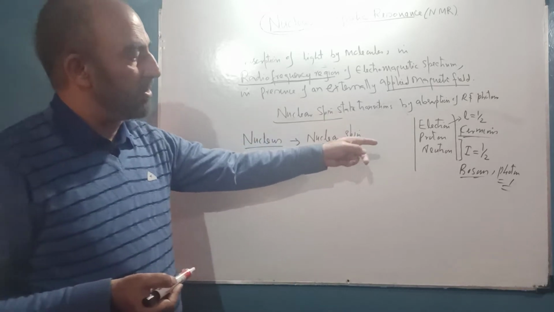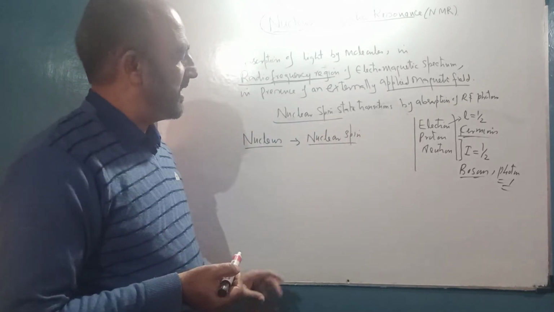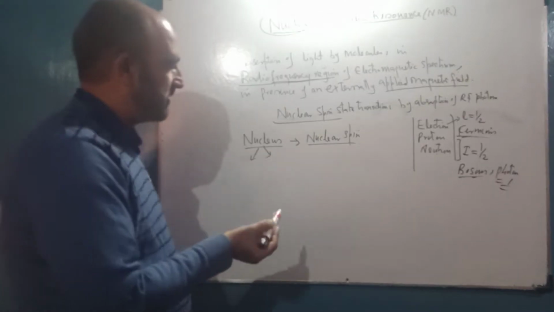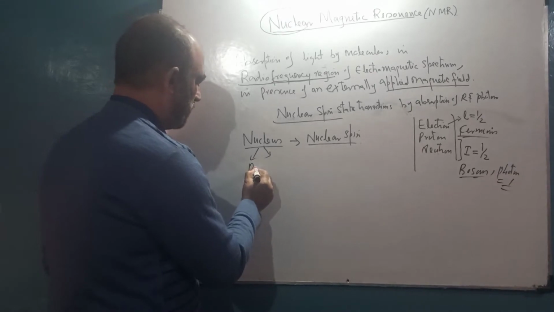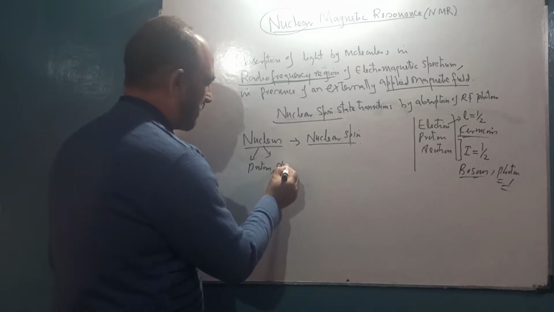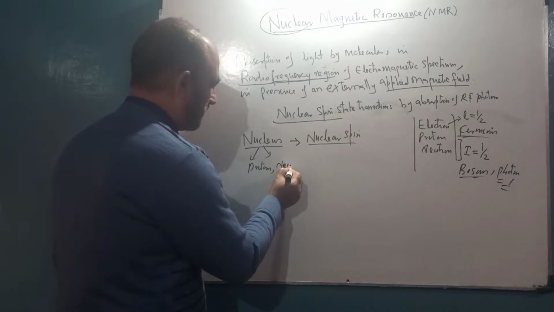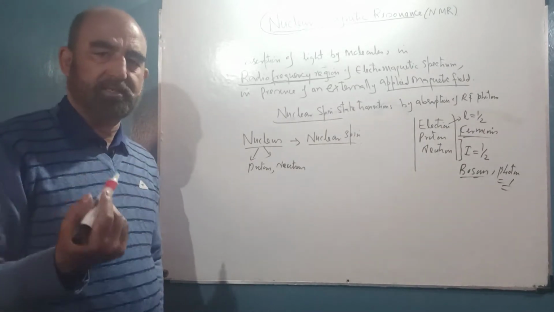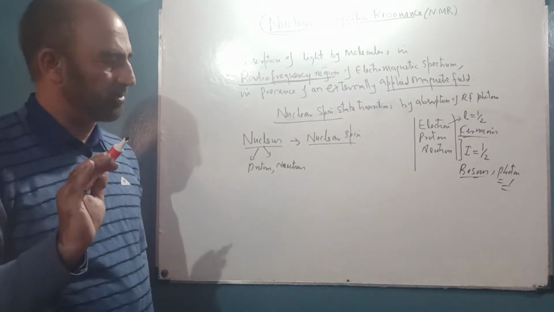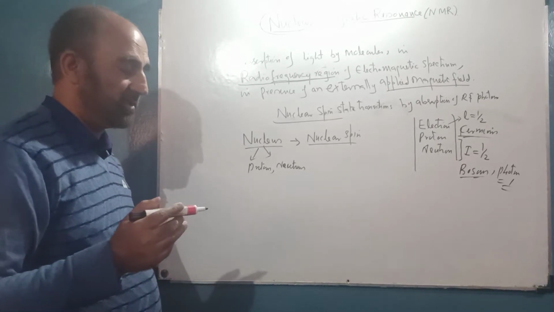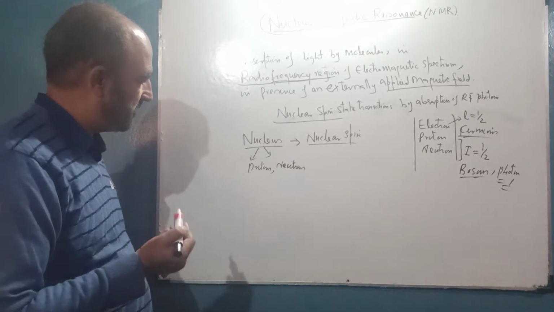Now we talk about the electrons, protons and neutrons, and we know, as a very elementary concept, that the nucleus has the nucleons, protons and neutrons. And then there are many other particles in the nucleus of atoms. We are not talking about those particles. They are in particle physics. You must be knowing that.